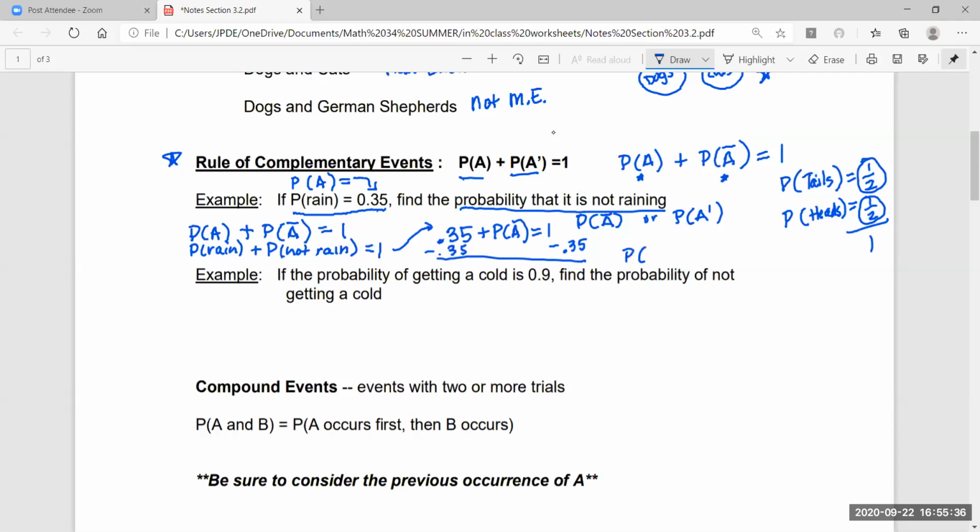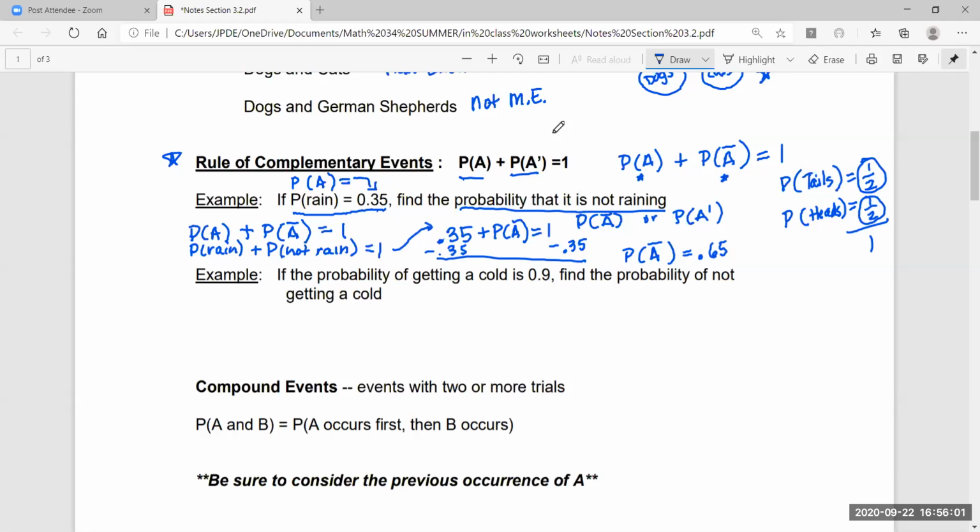And we will have that the probability of the complement, which is the not rain, is 0.65. So you're using the idea that they need to add up to 1. You will get very used to this as we go through with probability, and you'll be able to just do it in your head. You might be able to do it with the next problem.